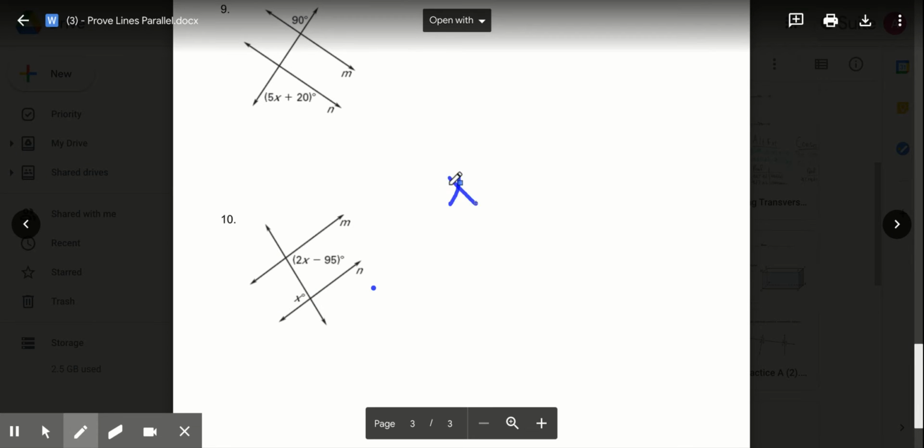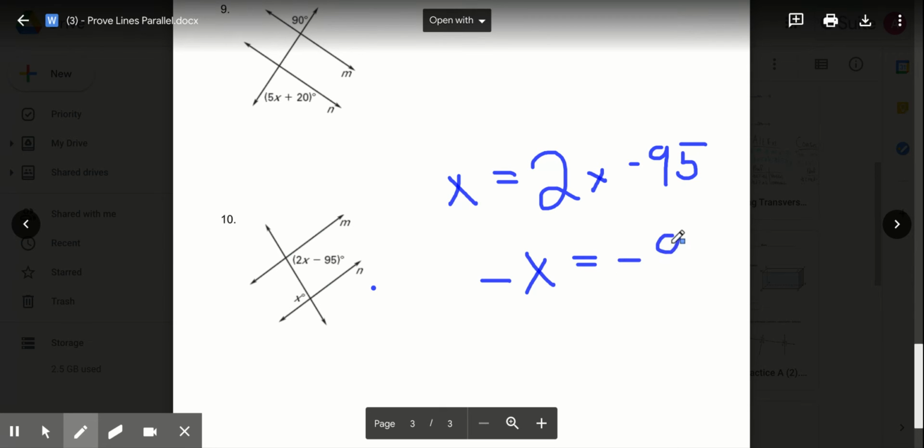So I need x to be equal to 2x minus 95. I'll subtract 2x from both sides and get negative x equals negative 95. If negative x is negative 95, then positive x is positive 95.